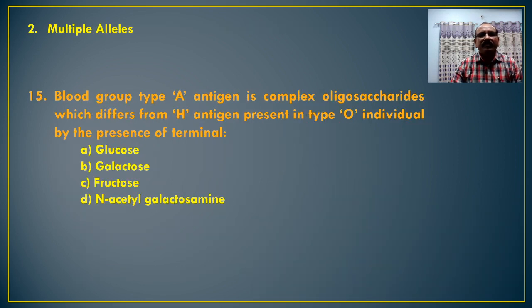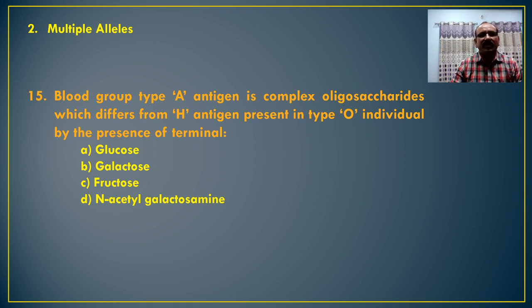Here the blood group type A antigen is a complex oligosaccharide which differs from the H antigen present in the type O individual by the presence of a terminal. Actually it is not a genetics problem that we can solve. It was there with the multiple alleles, and I have added it because this question is asked in the examination.